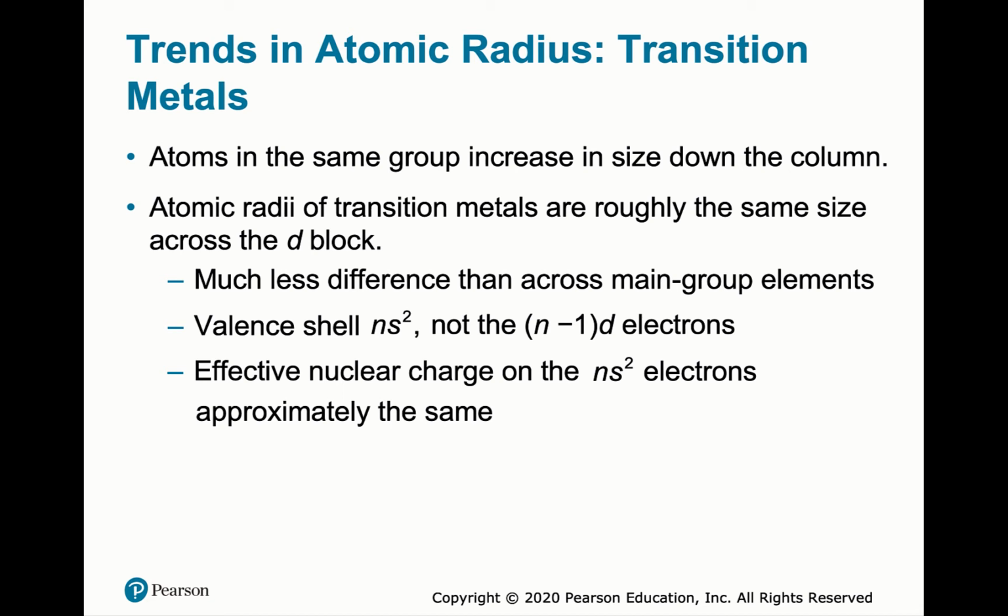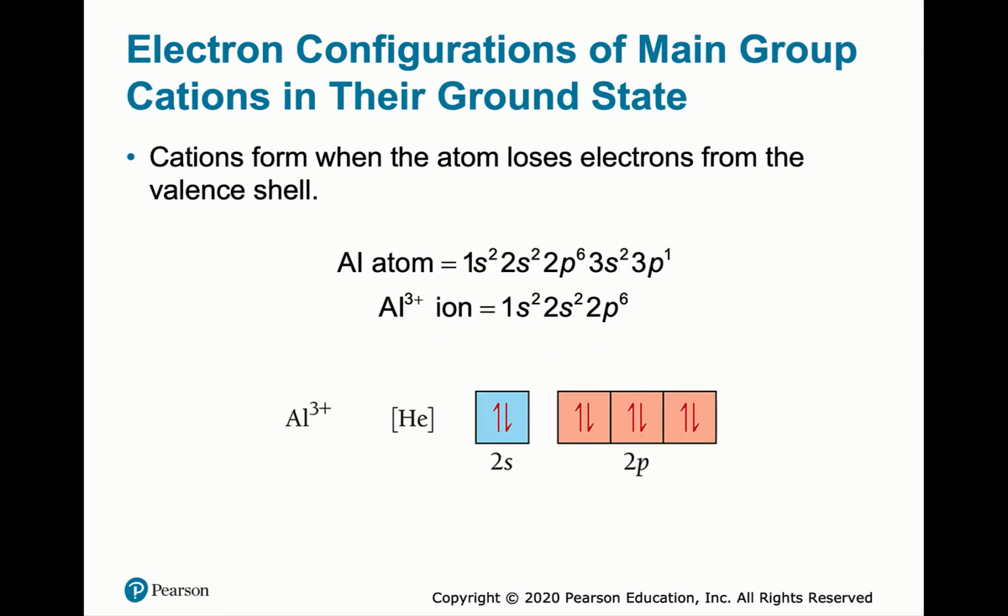You have 2 electrons in the 4s, and then the electrons go into 3d. But remember, 3d is 1 less in the principal quantum number than that, and so the 3d electrons are adding into the core versus adding into the valence, and because of that, they effectively shield the outside, and the effective nuclear charge does not really change for the atoms going across in the transition metals.